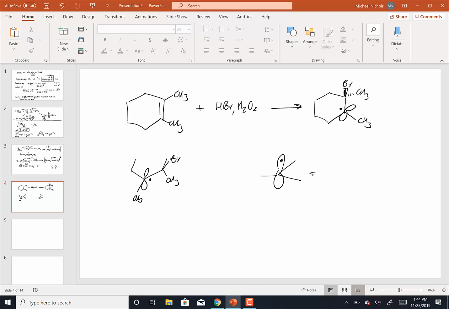It is sp2 hybridized, and the unpaired electron is in the p orbital. So how's the hydrogen going to add to that radical? Top, bottom, 50-50.